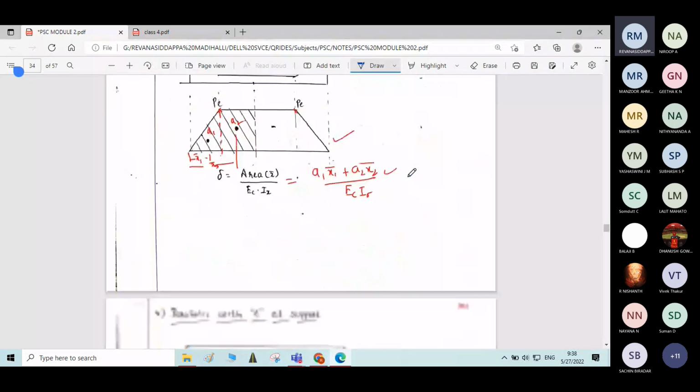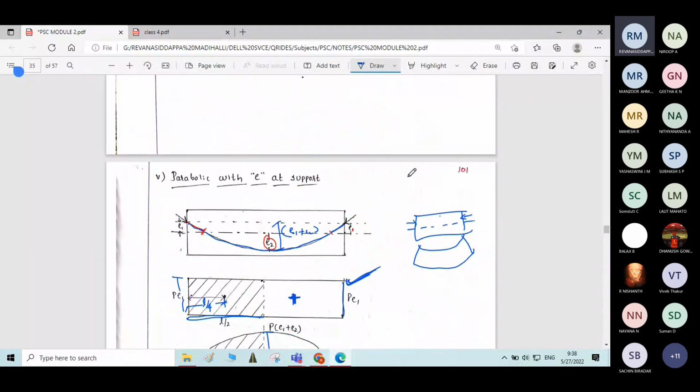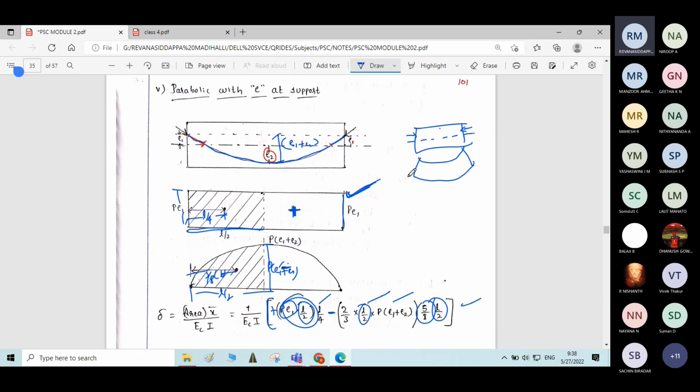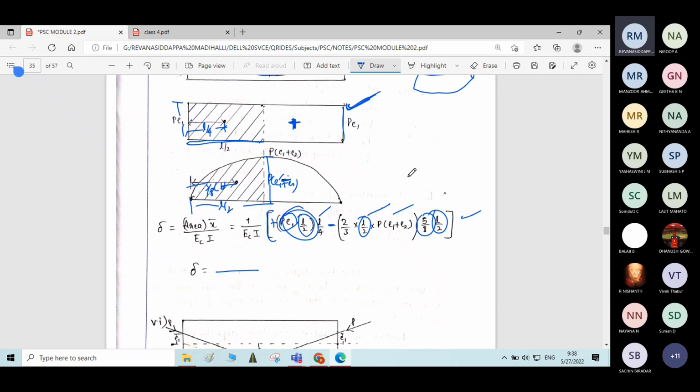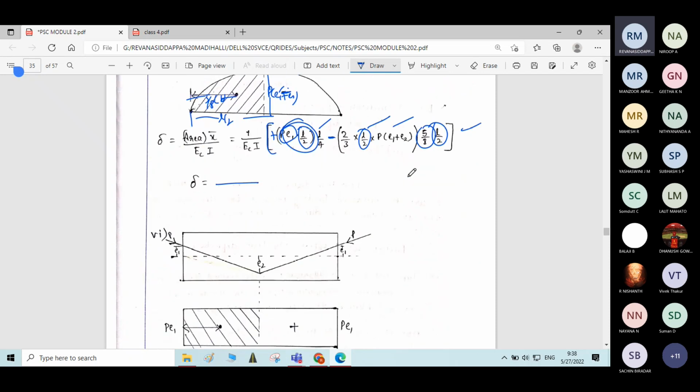In the numerical problems, they will give all the details. Cross section of the beam, live load on the beam, amount of prestressing force will be given, and the cable profile, whether it is straight, parabolic or triangular, will be mentioned. You need to find the deflection due to dead load, live load, and prestressing force.